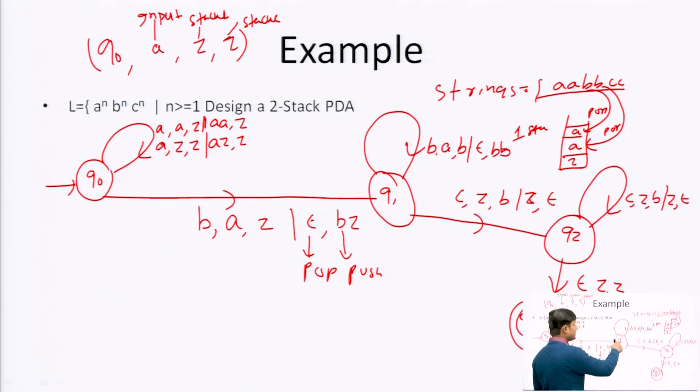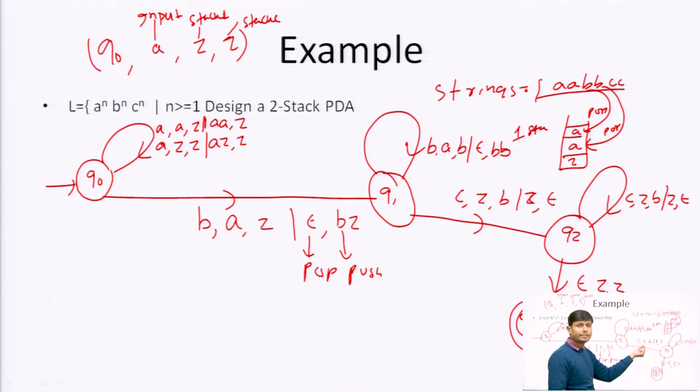Similarly in Q1 there is a loop: you read B, stack 1 top is A and stack 2 top is B, then from stack 1 you pop A and in stack 2 you push B.